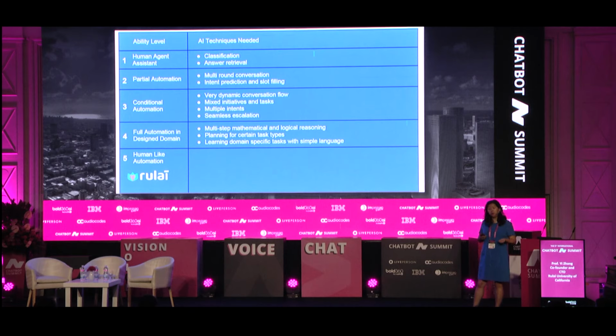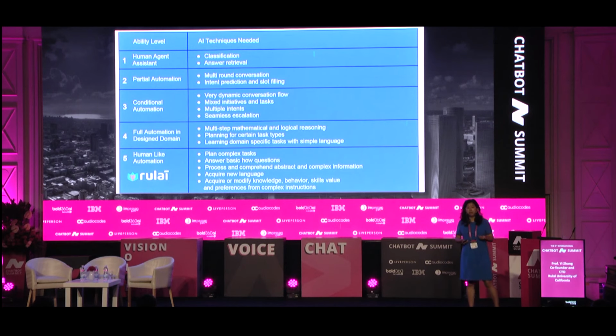language-based instructions. And then for the level 5 virtual assistant, it's what we call a human-like virtual assistant. For level 5, the virtual assistant should have the ability to plan for much more complex tasks they have not seen before. It should answer basic how questions. Those are very new how questions they haven't learned the answer to, but need to figure out the answer on the fly.